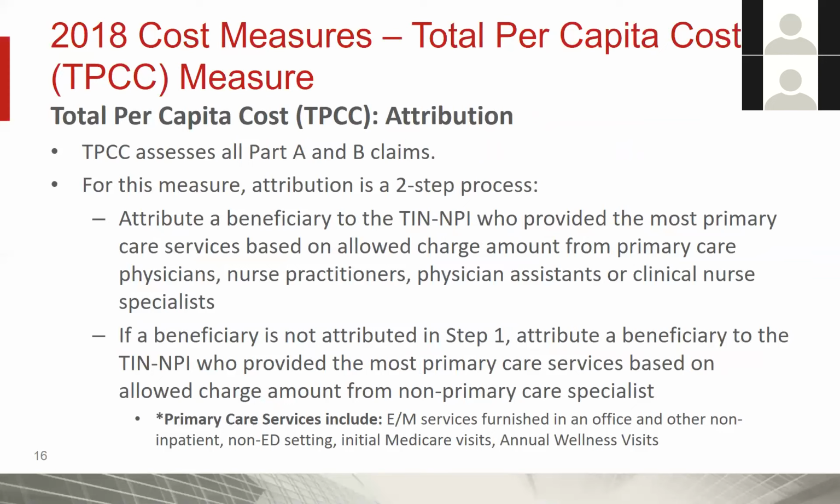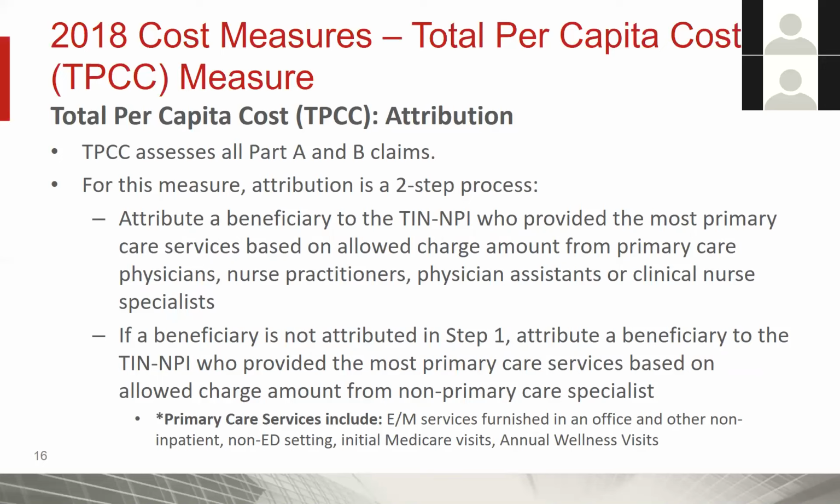A key factor to the TPCC measure is attribution, again, similar to MSPB. TPCC assesses all Medicare Part A and Part B claims, and for this measure, attribution is a two-step process. So CMS will attribute a beneficiary to the tax ID NPI who provided the most primary care services based on allowed charge amount from primary care physicians, NPs, PAs, or clinical nurse specialists.